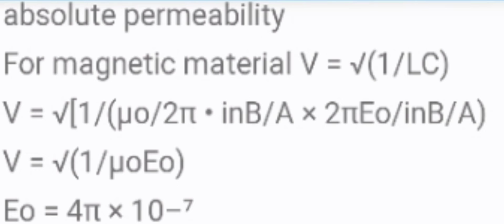And remember I said that V equals the root of 1 over LC. L is our inductance. Please take note that mu naught, the permeability, over 2 pi times ln b over a, times 2 pi epsilon naught divided by ln b over a.